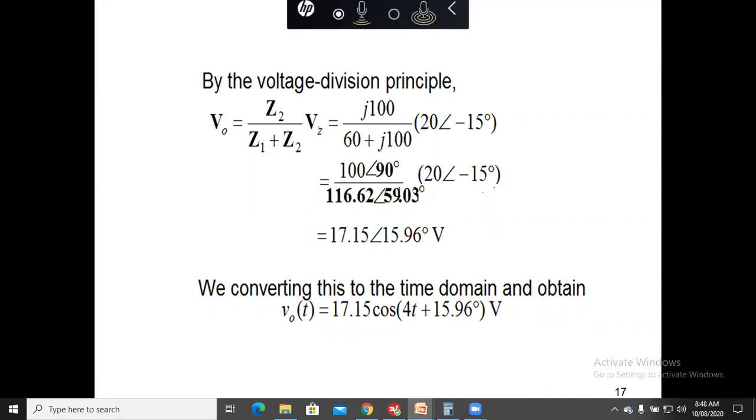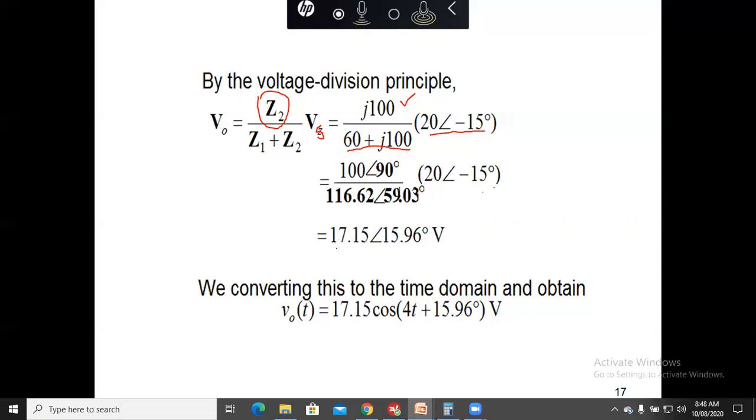So this is in fact the supply voltage Vs in phasor form, 20 at the angle of minus 15 degrees, and this is J100, which is Z2, and this is divided by Z equivalent. Because in the series voltage divider network, Z1 and Z2 are in series and we are applying the voltage divider rule. So if we have to find the voltage across Z2, we multiply by Z2.